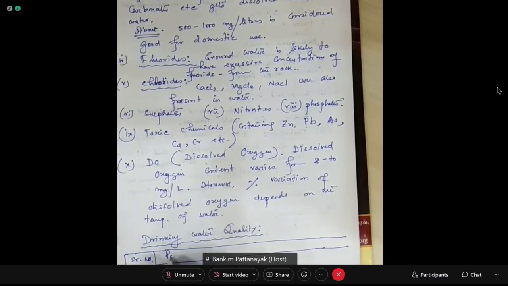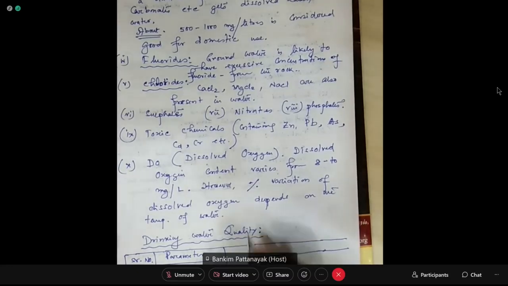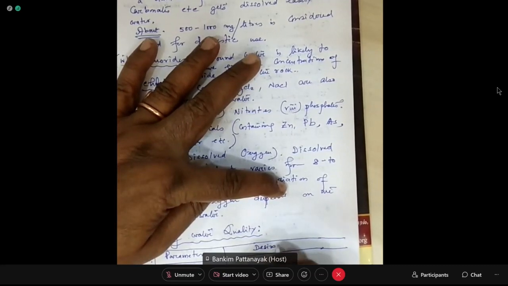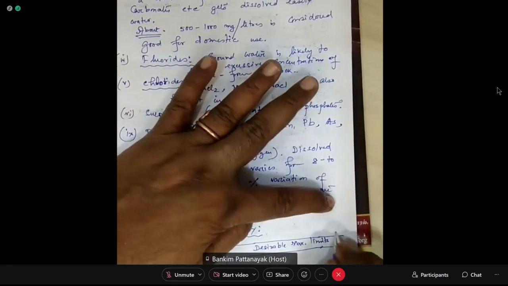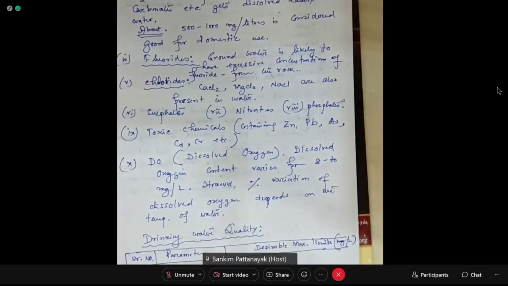Serial number, name of the parameter, desirable maximum limits, milligram per liter. 1, 2, 3, colour in Hazen scale, 5 to 10.